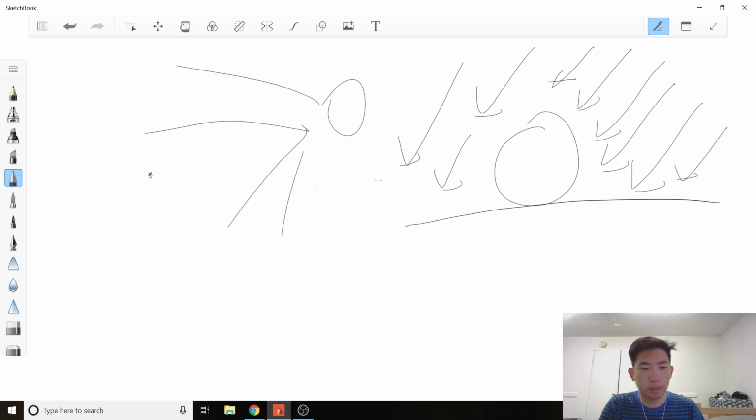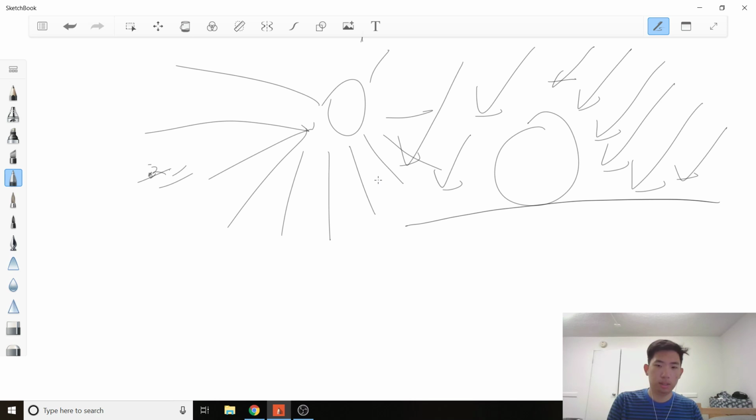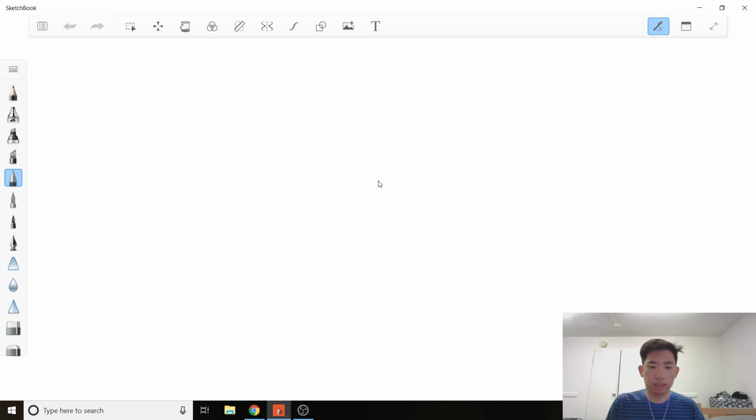It's emitted radially outwards, but by the time it hits the Earth, all the light rays that the Earth receives are approximately parallel to each other.